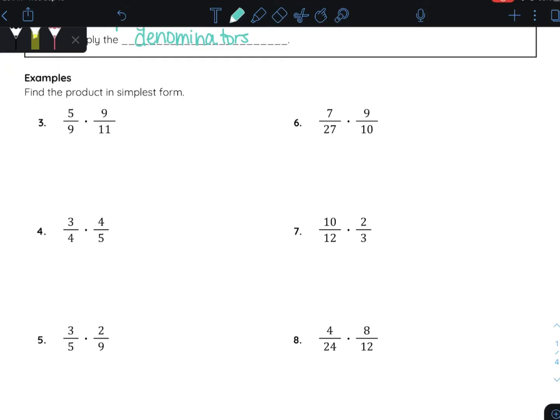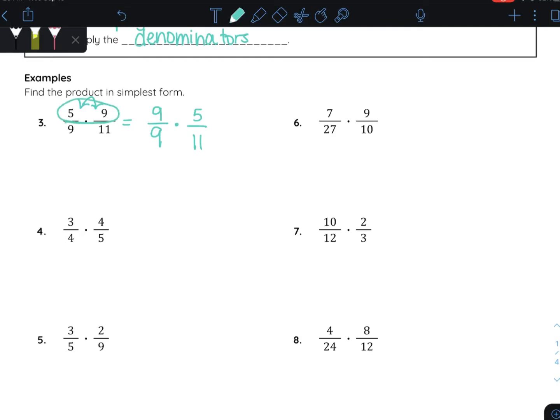So 5/9 times 9/11. Notice that there's a 9 on the top and a 9 on the bottom. If we use the commutative property here, we can rewrite this where we switch these. So instead of 5/9, now it's going to say 9/9 times 5/11. Why is that allowed?